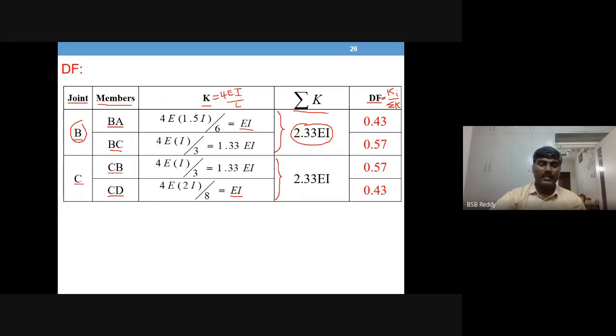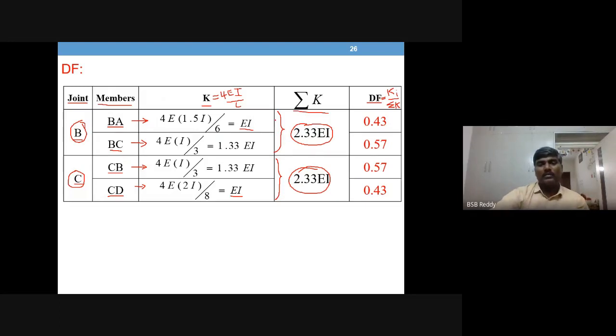Similarly, for the joint corresponding, you make a single cell here. But when you have a member, you have an individual cell. So 4 rows will become 2 rows here. Again, the distribution factor is for a member, so you will have 4 rows again. So you have to make a table like this.